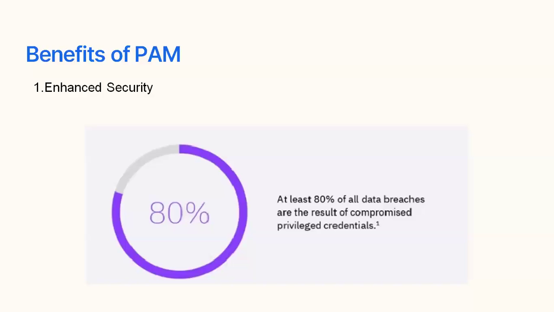Once that MFA was approved, the hacker got access to the environment, and he scanned some SharePoints, and in one of the SharePoints he got a local account of a PAM solution.